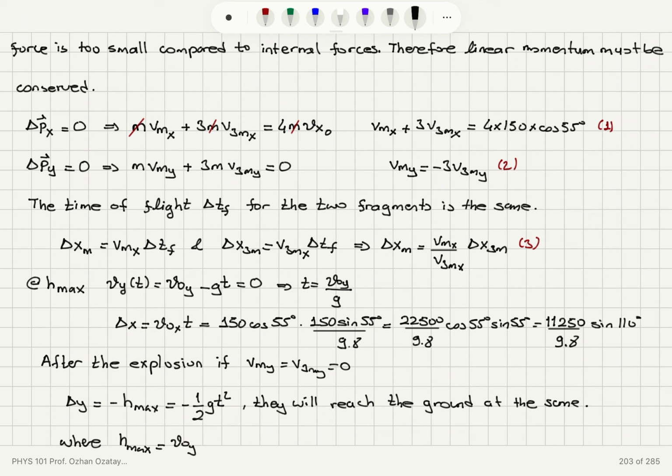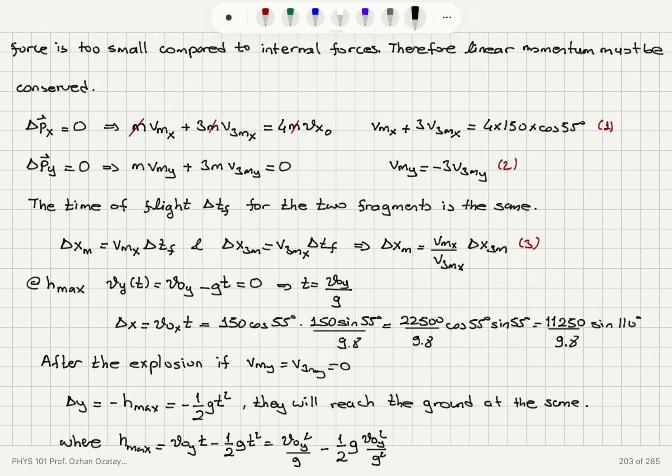h max equals v0y t minus 1/2 gt square. That's v0y. So the time to reach the maximum height was v0y over g. So v0y squared divided by g minus 1 over 2 gt squared, which is v0y squared over g squared.